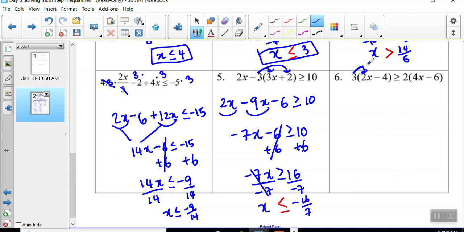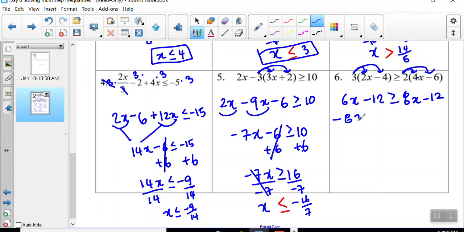Number 6, distribute. For number 5 and 6, you might want to try by yourself and then take notes. 3 times 2 is 6x minus 12, greater than or equal to 2 times 4 is 8x minus 12.